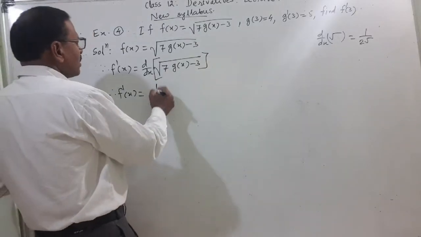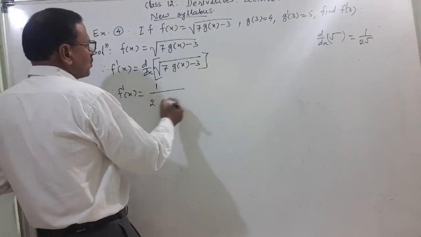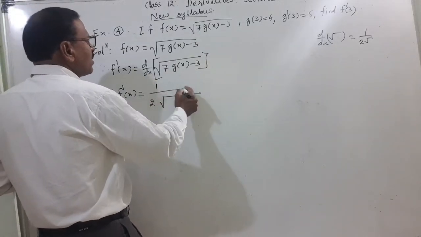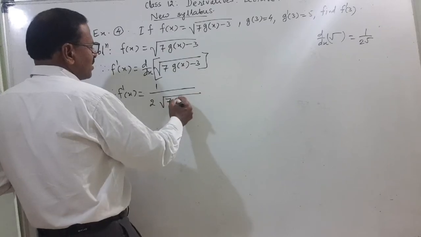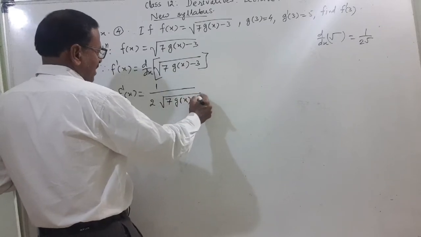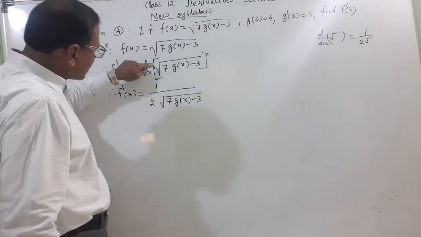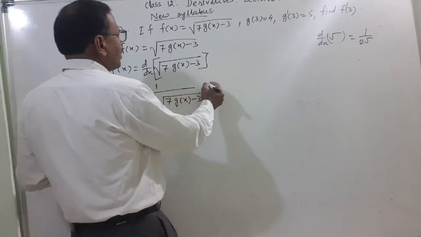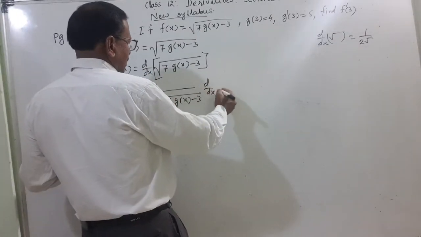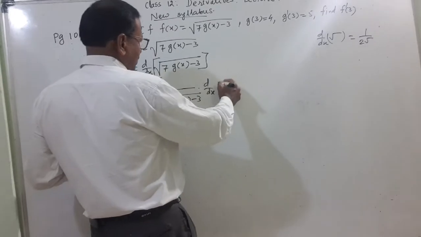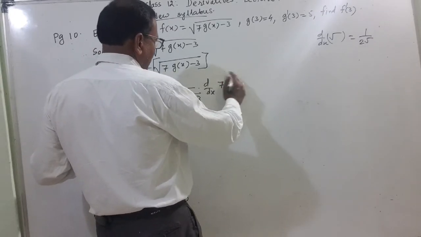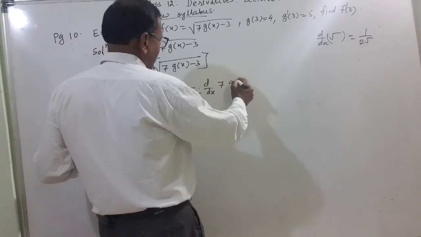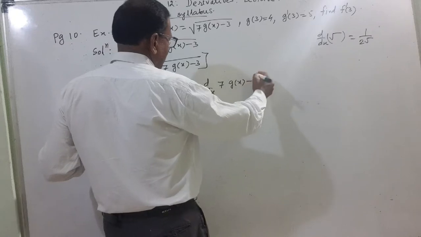Here also the answer will be 1 upon 2 root, and in the root we have 7 into g of x minus 3. Now I have taken the derivative of this root. Next I have to take the derivative of 7 into g of x minus 3.